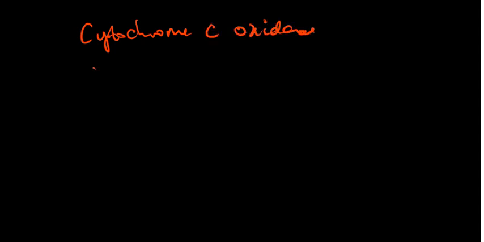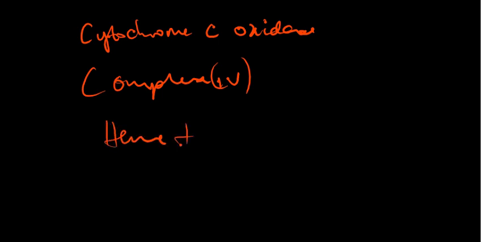So at this point, cytochrome C oxidase, which is complex 4, is the only electron carrier in which the heme iron can react directly with oxygen.